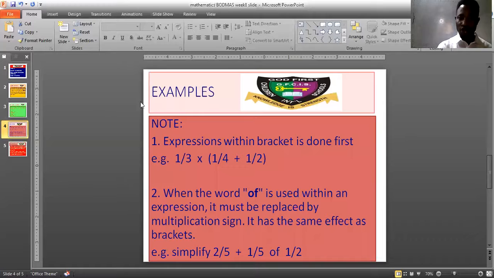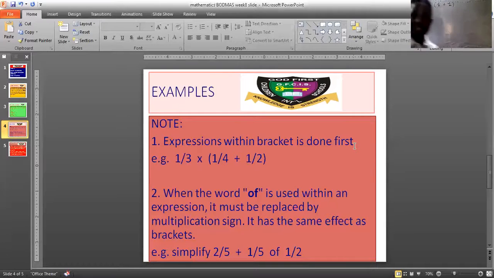Now, note, expressions within brackets are done first. Now, let's look at this typical example. You have 1/3 times, open bracket, 1/4 plus 1/2.